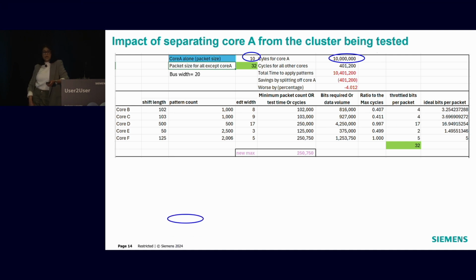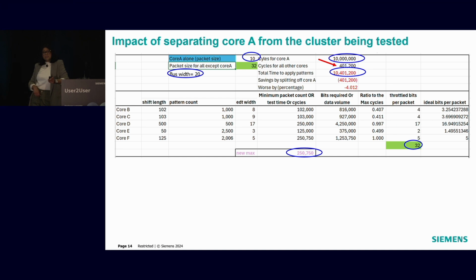But if you now look at the new max for the rest of the cores left, the new max is really the test time for core F, which is 250K cycles. Let me know, guys, if the math becomes too much. I've tried making it very simple to keep you all engaged.